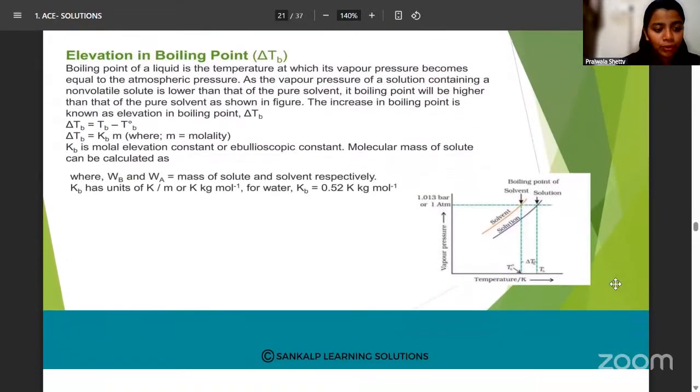Elevation in boiling point, and you'll be concentrating more on temperatures, on temperature values. Just remember, what is delta TB? We say it is the difference between temperatures.